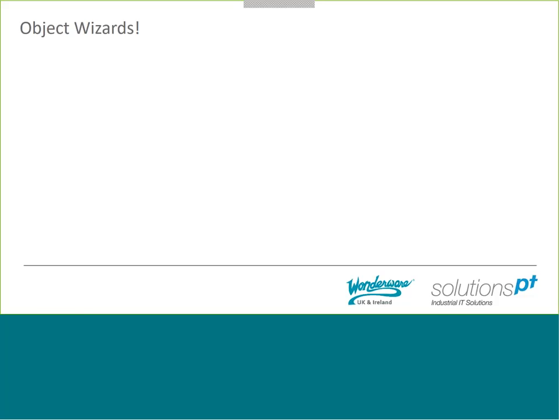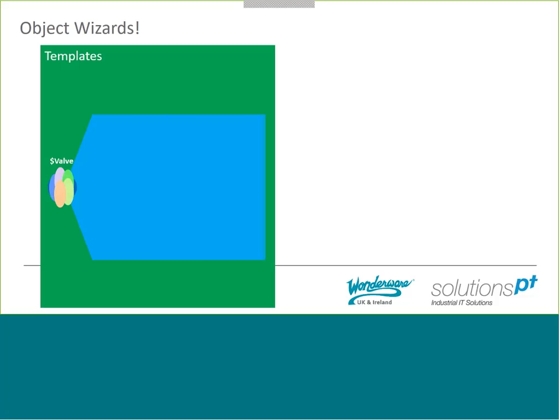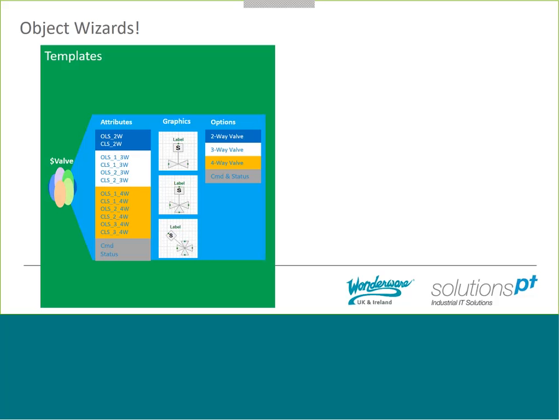The next thing that they've done, and this was released in 2017, is something called Object Wizards. Now, if we take an example here of valves and go back through how System Platform was engineered, some people did try to create these super objects, if you like. They'd include everything associated with every variation of the valve that you have around your plant inside of a simple template.